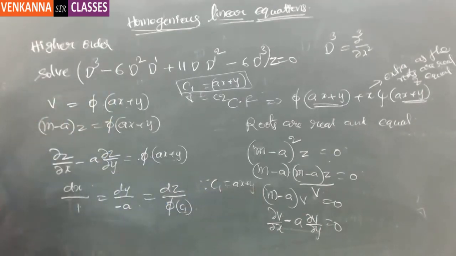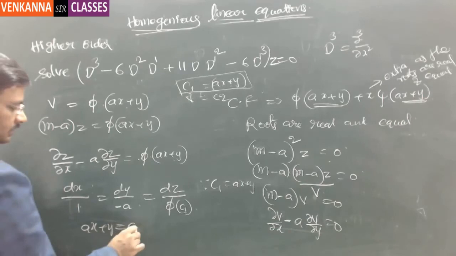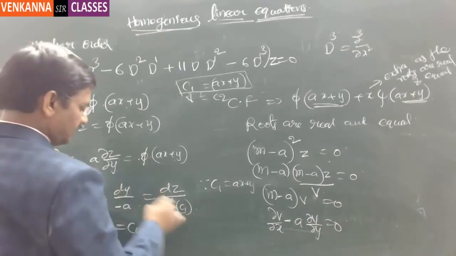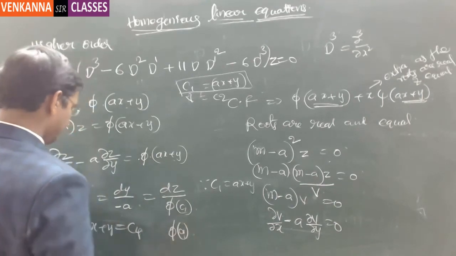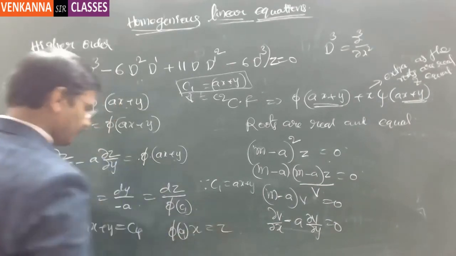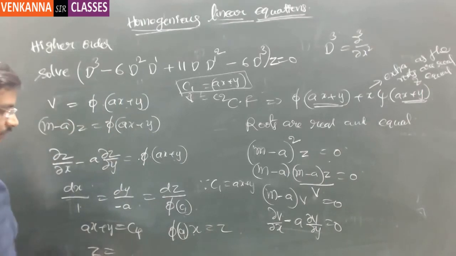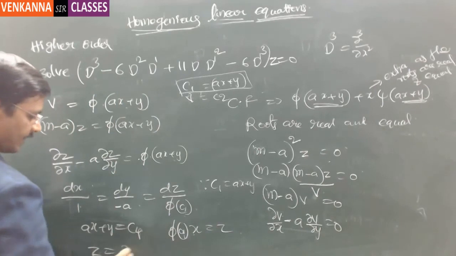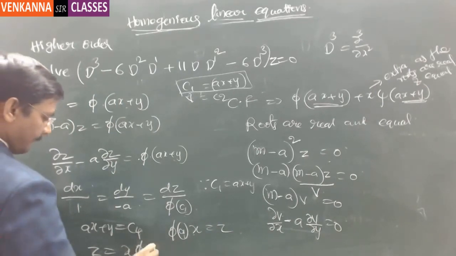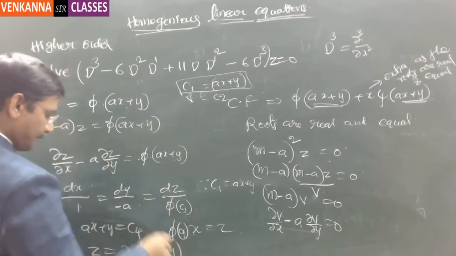Now if you integrate these, ax plus y is equal to some constant c4, and then integrating this, phi of a into x is equal to z. So z is equal to x into phi of (ax plus y).